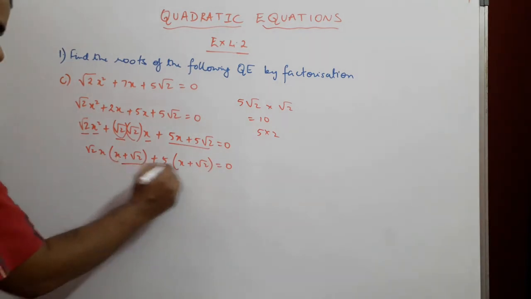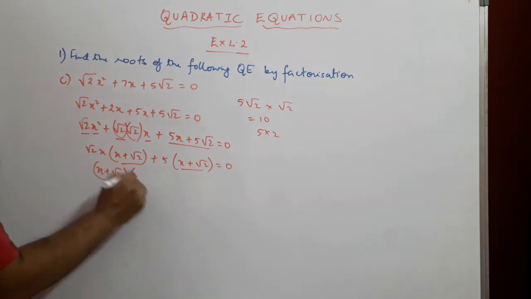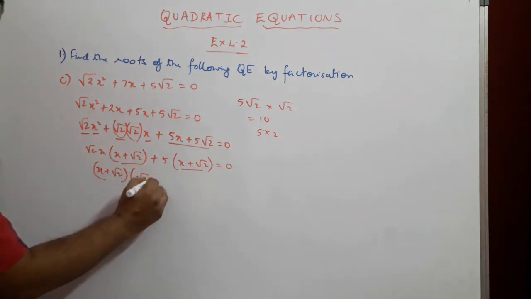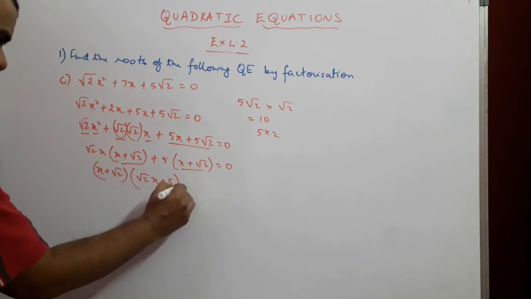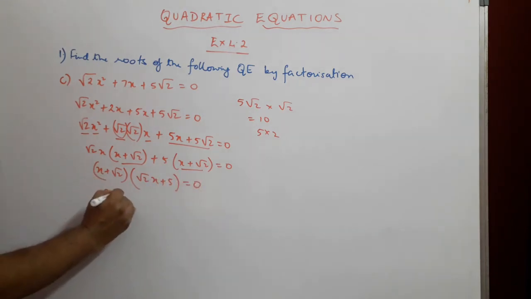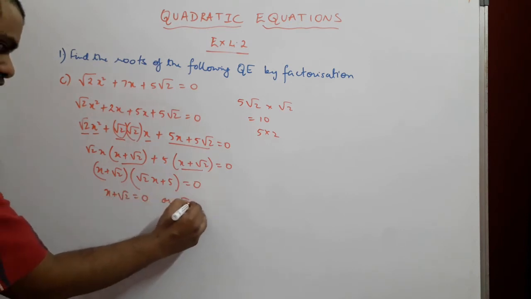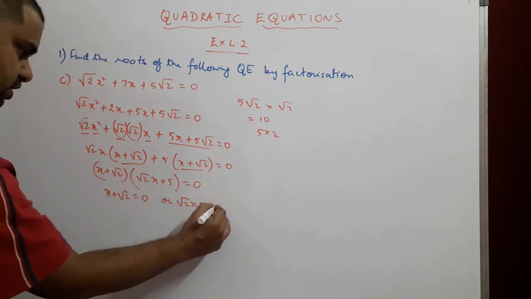We take what is common in one bracket first, x plus root 2, and what is left behind, we write root 2 x plus 5 equal to 0. Okay, so we can write x plus root 2 equal to 0 or root 2 x plus 5 equal to 0.